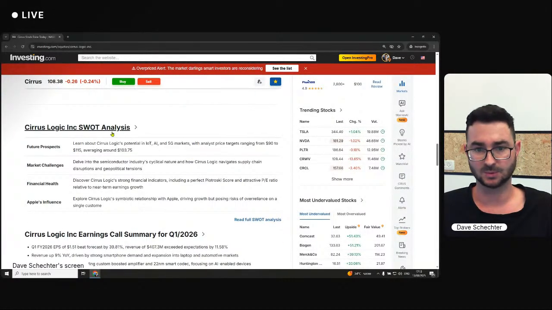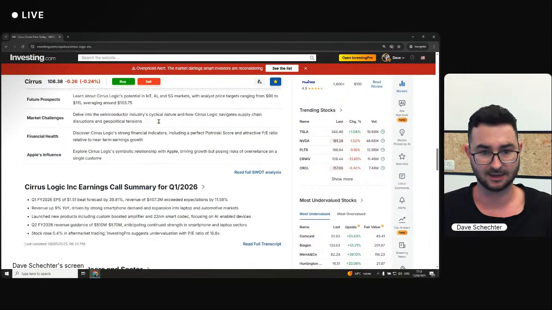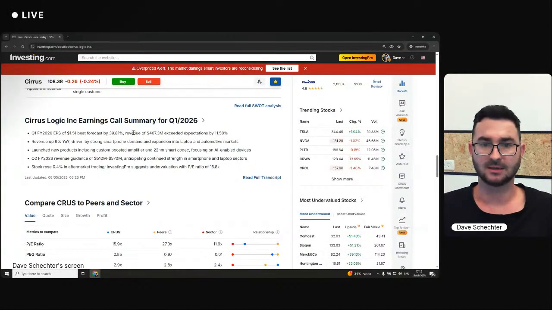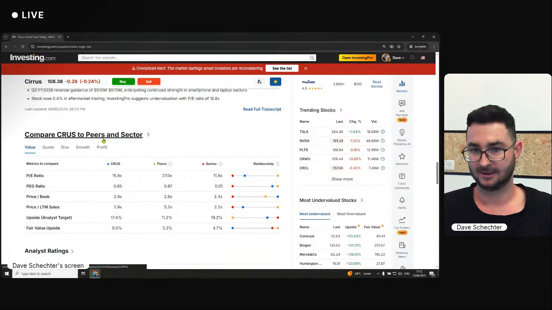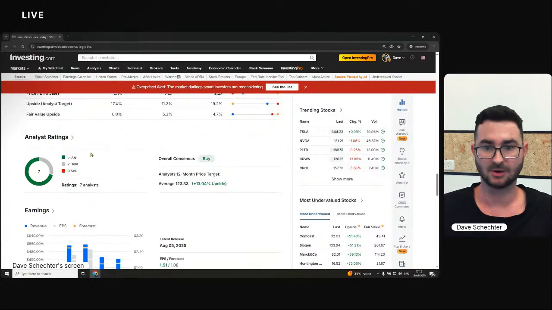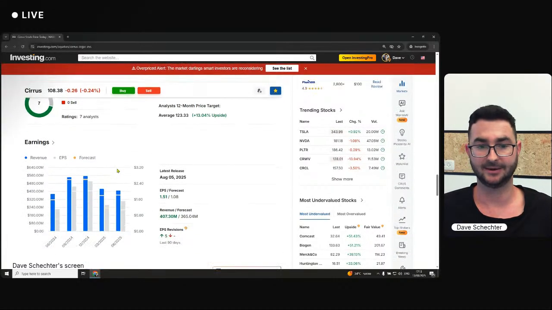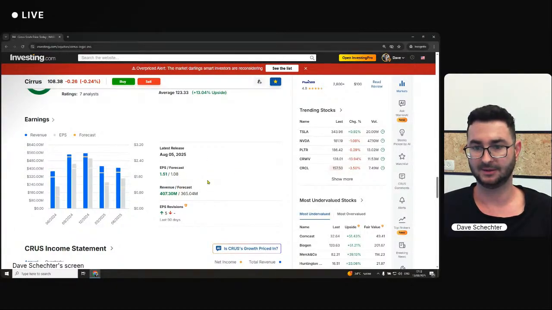We also include the SWOT analysis, the for and against arguments as to why you should own this stock, quick summaries on the earnings call, and quick comparisons in relation to their peers and their sector. Here is also a quick look at the analyst ratings. We see a total of 7: 5 are buy, 2 are hold, and none are sell. It's usually a pretty good indicator. And of course, the latest earnings releases with the forecast and the actual EPS.